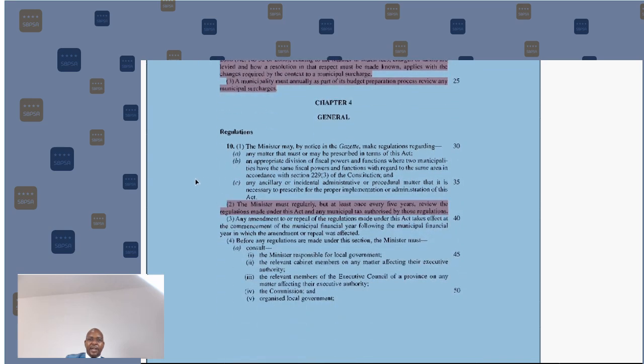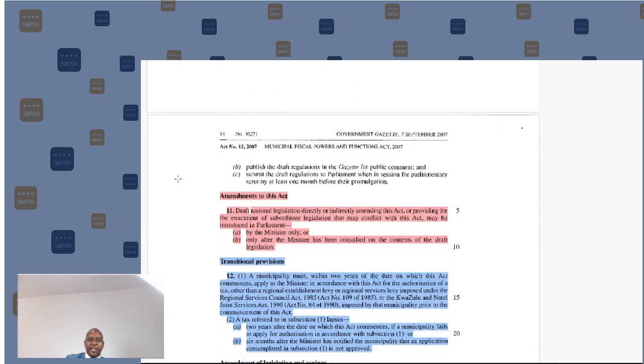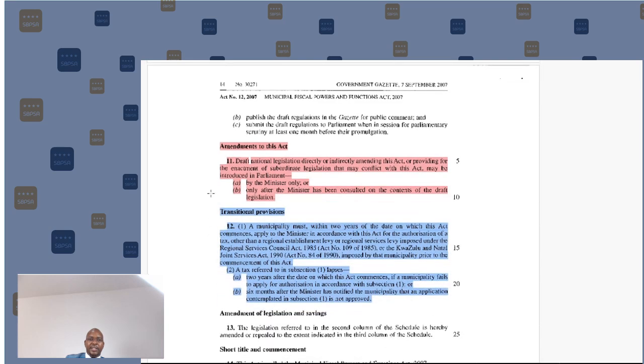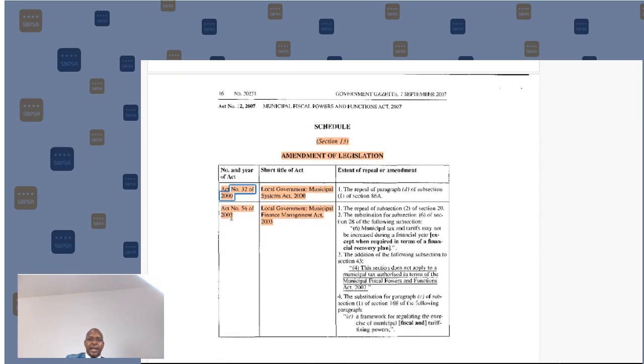Section 10 talks about general matters. We've highlighted that the minister must regularly, but at least once every 5 years, review regulations made under this act and any municipality tax authorized by the regulation. Then the amendments to the act that are required, and the transition in terms of section 12 has already been dealt with in this teaching.